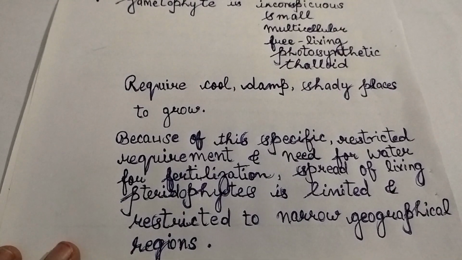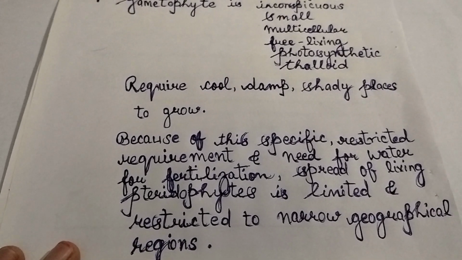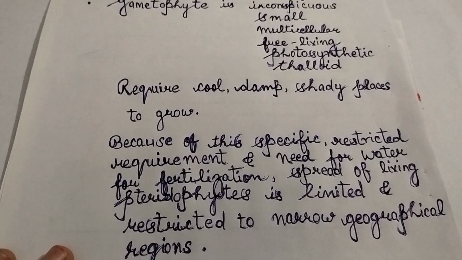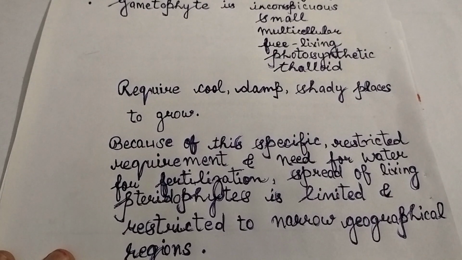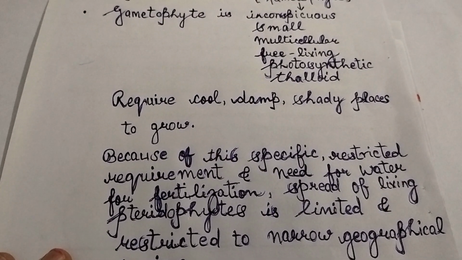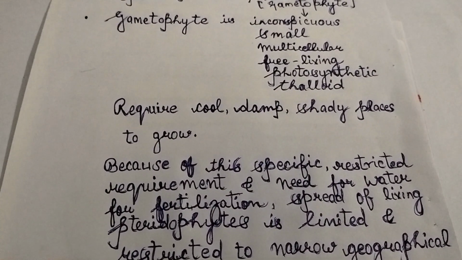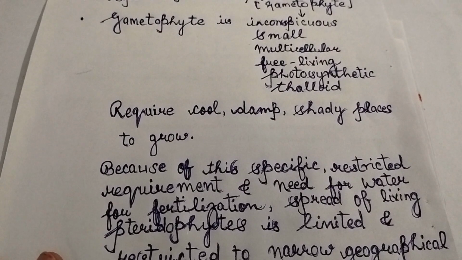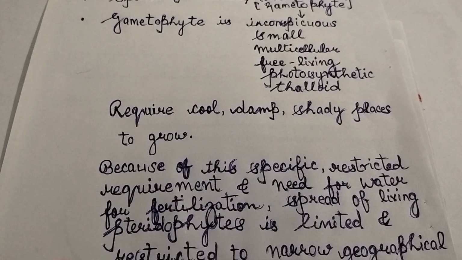So this is the answer to the question why pteridophytes are limited or restricted to a narrow geographical condition. What is the answer? Because the gametophyte, which is further going to produce a sporophyte, requires cool, damp and shady places to grow.